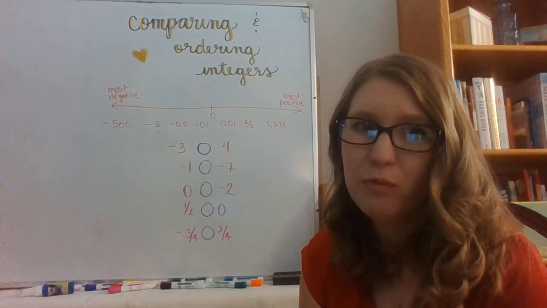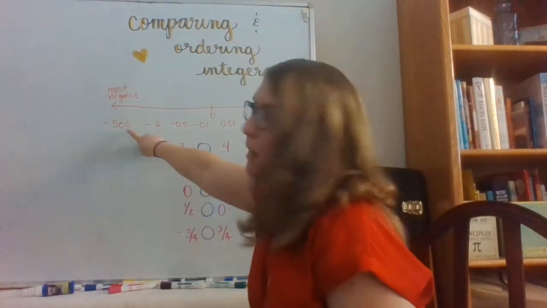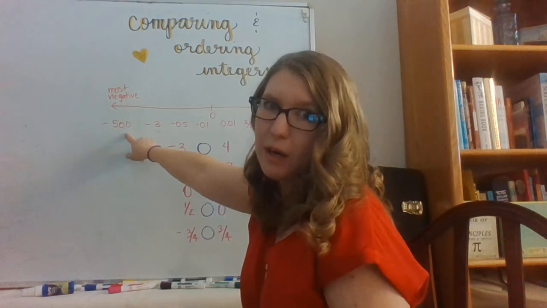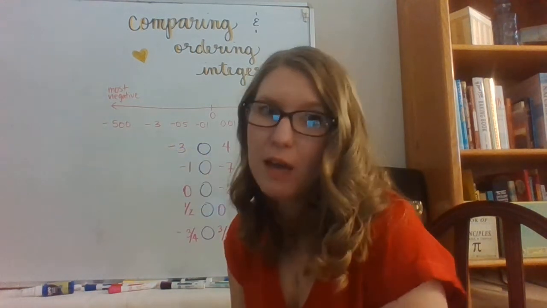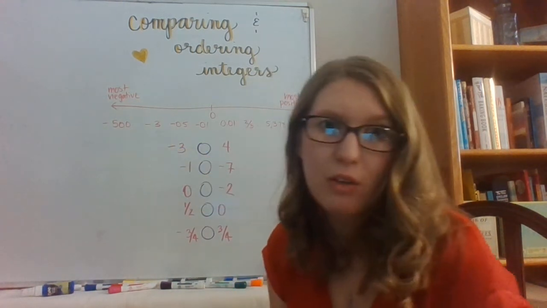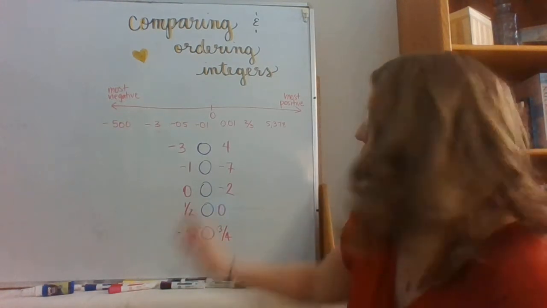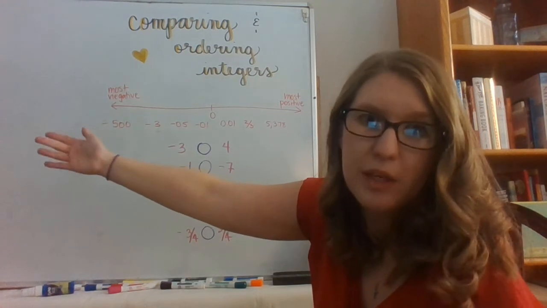Because I think it's helpful to remember that the least number is going to look like a big number, like negative 500. It's going to look like a big number, but it's actually a really small number. Negative 500 is not a good number to have in your bank account, for instance, because that is further negative, further away from 0.